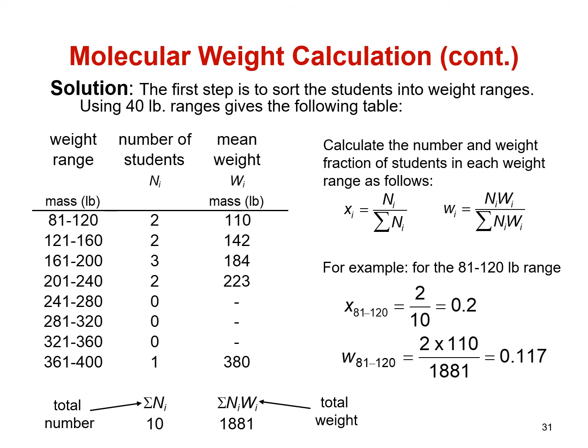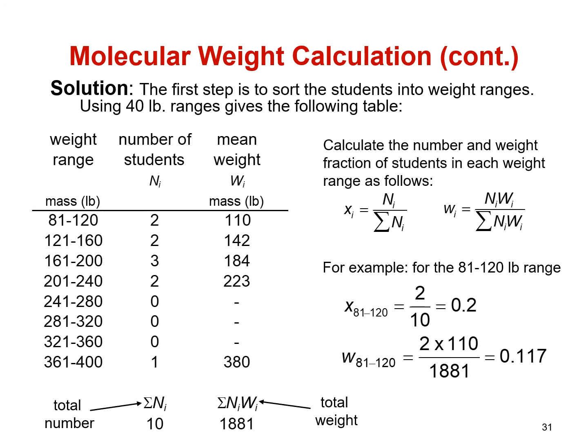Now, if you're not sure how we can calculate the number fraction of students, xi is actually ni divided by summation of ni. In this case, it's 10. And wi, the weight fraction of students, is calculated as ni wi, which is a combination of these two pieces of information, and this is divided by the summation of all.